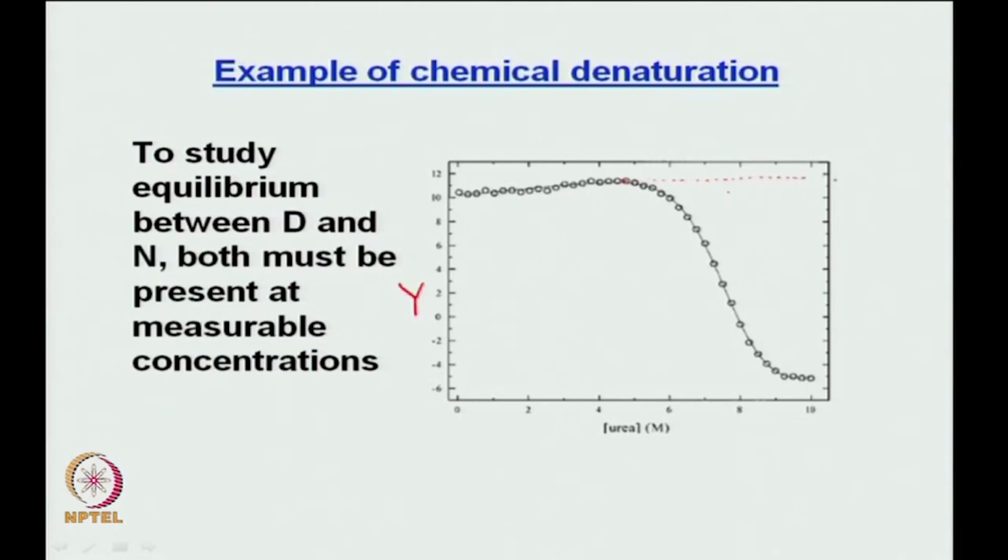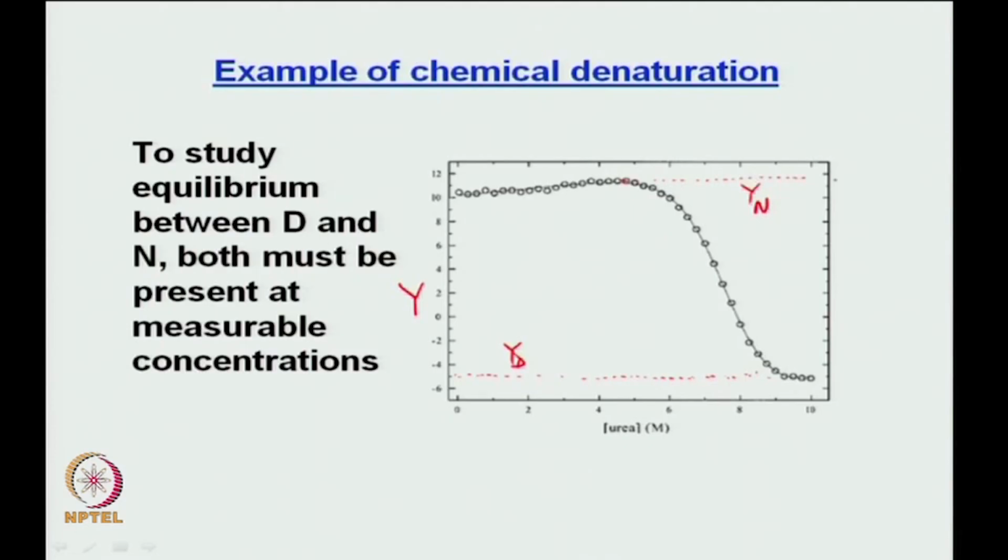This would be y of n, because this is where I am starting from. This is y of n because y at 0 concentration is the highest, this is your folded state, and then, not drawn to scale though, this is y of d.